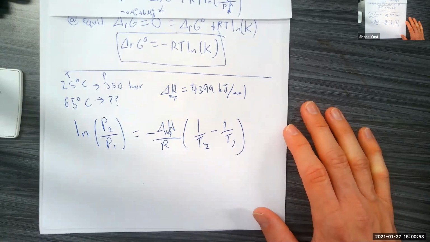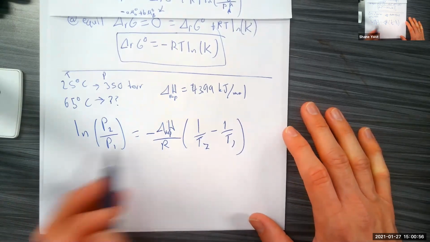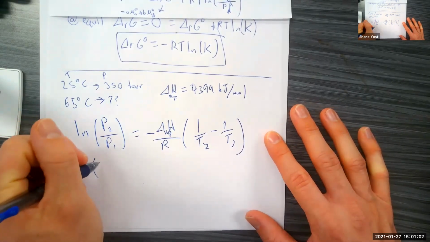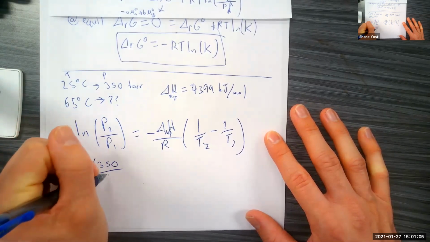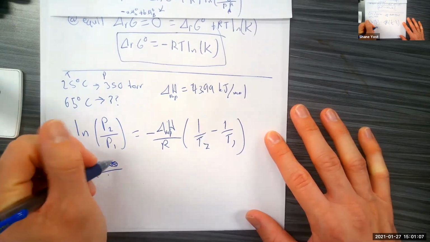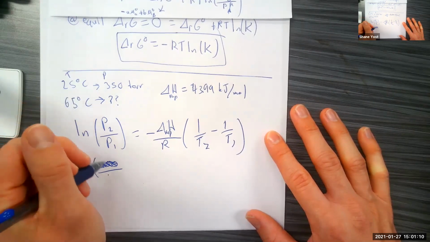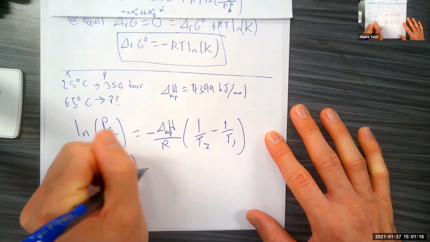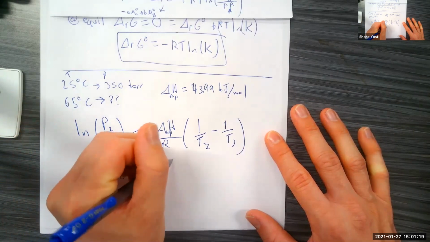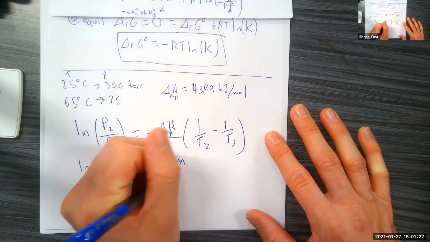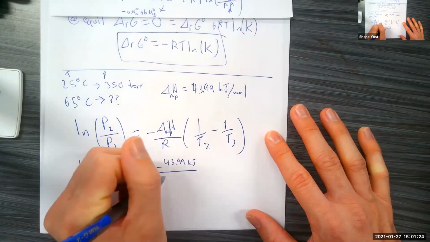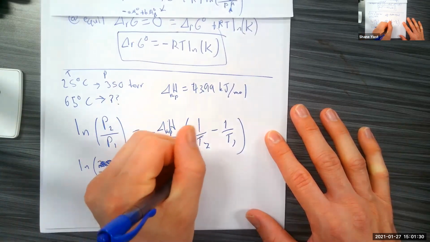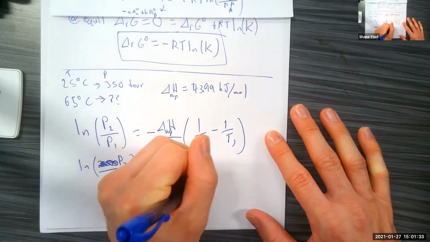Once we've established this is the equation we need to use, it's just plugging things in. It's the natural log of P2 over P1, where P2 is what we're solving for and P1 is 350. Minus delta H here is 43.99 kilojoules, divided by 8.314 joules per Kelvin mole.